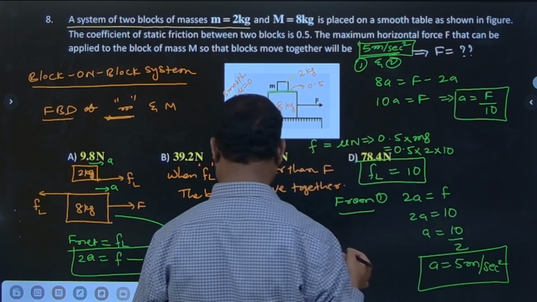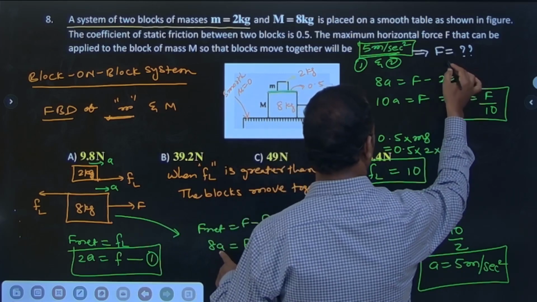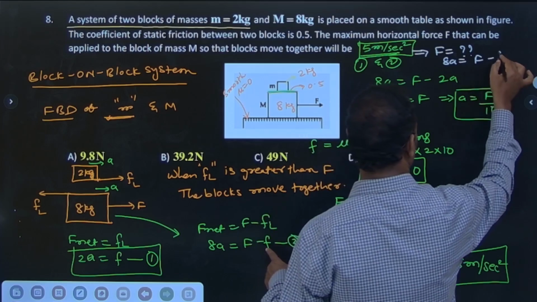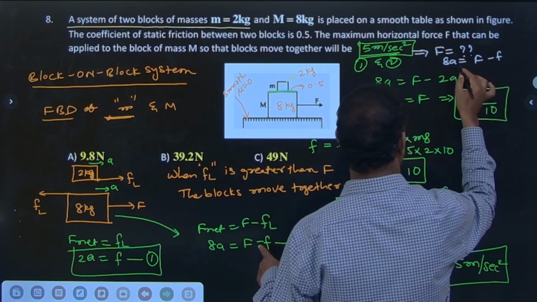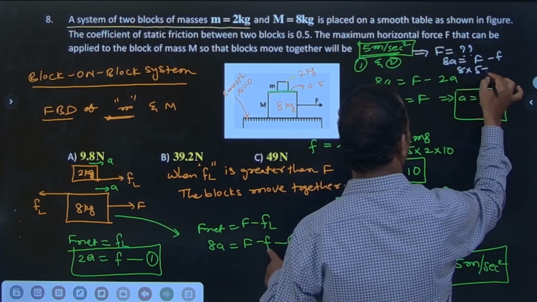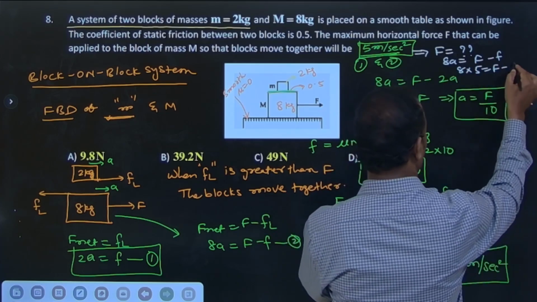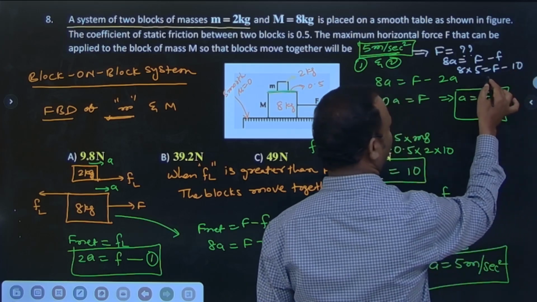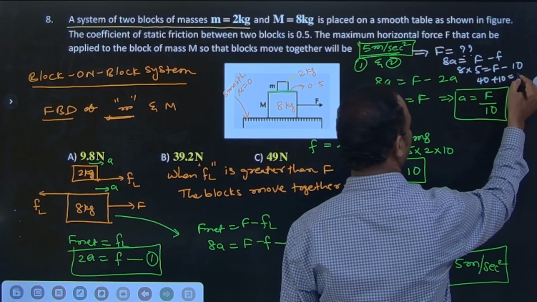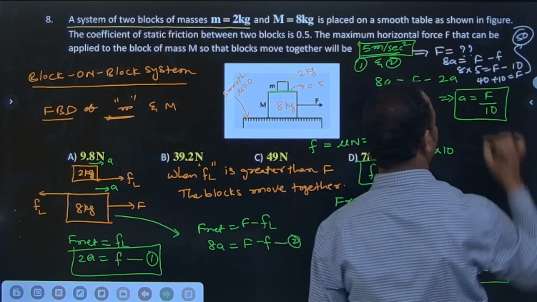Taking 8A is equal to capital F minus small f, 8 into A, which is 5, is equal to F minus small f. Small f is 10. 8 fives are 40. So 40 plus 10 is equal to F. So your answer is 50.